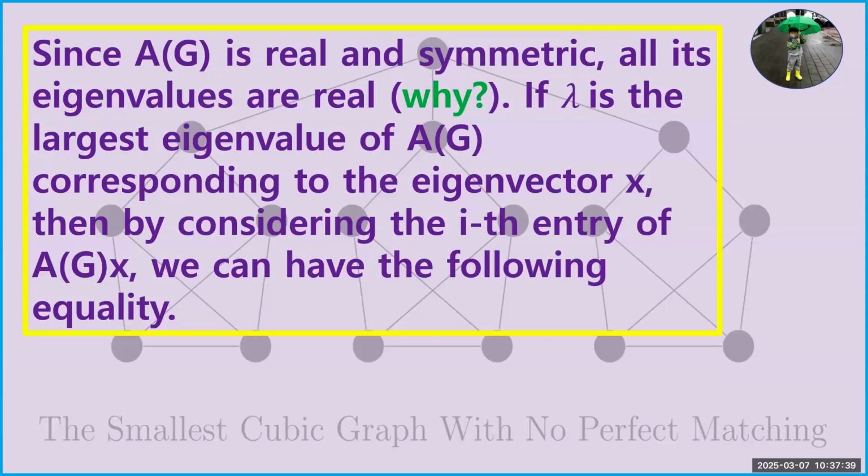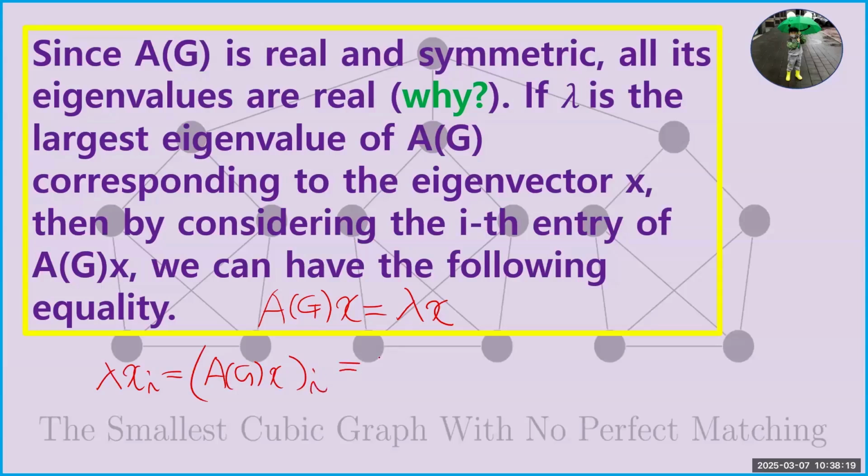If lambda is the largest eigenvalue of the adjacency matrix of G corresponding to the eigenvector x, so A(G)x is equal to lambda x. By considering the i-th entry of A(G)x, lambda x_i is equal to the sum of A(G)_ij x_j, over j adjacent to i.